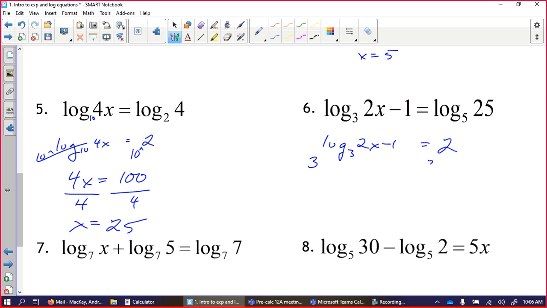Raise it. Those are the exponents. 3 squared is 9. Those go away. 2x minus 1 equals 9. Now we have a grade 8 or 9 math problem. Add 1. 2x equals 10, and x equals 5. So far, so good.